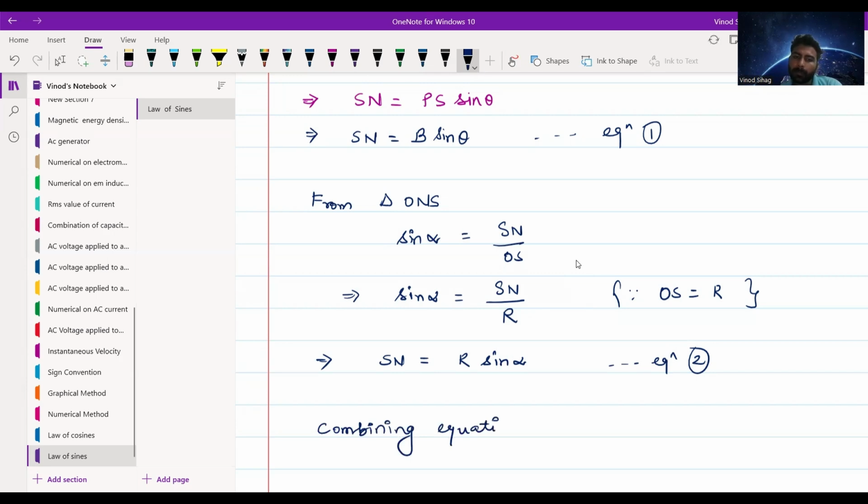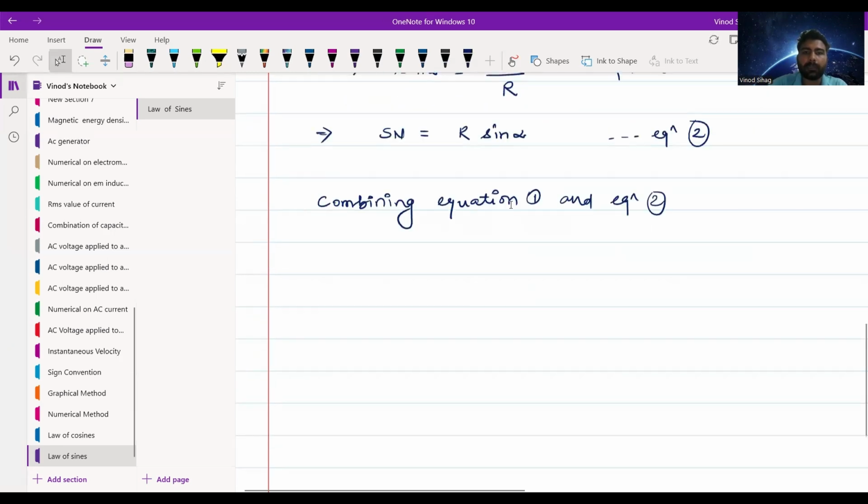So combining equation 1 and equation 2, what will we get? Since both are equal to Sn, we can say that R sine alpha equals B sine theta.